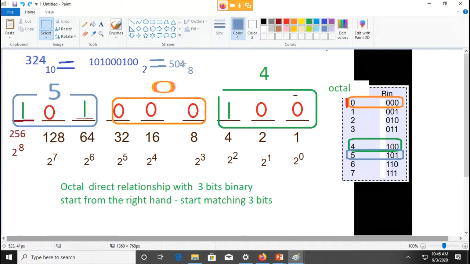So I recommend that when you're converting between binary to octal or whatever, I don't recommend going directly from octal to decimal or from decimal to octal, because the whole point of octal and hexadecimal, which I'll do here in a minute, is that this numbering system is one-to-one with binary.